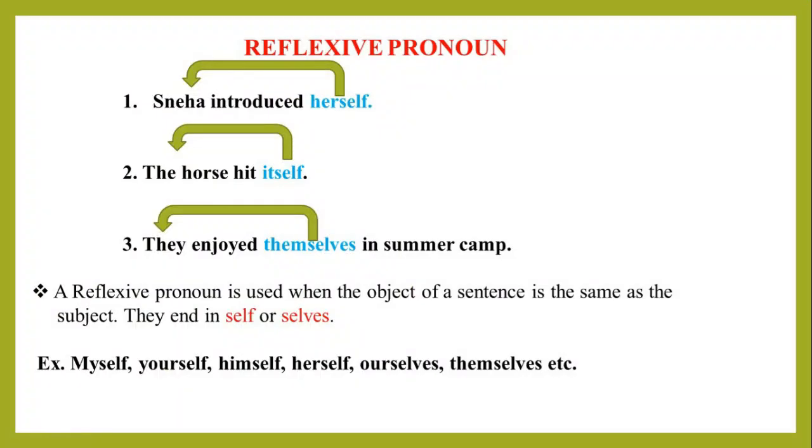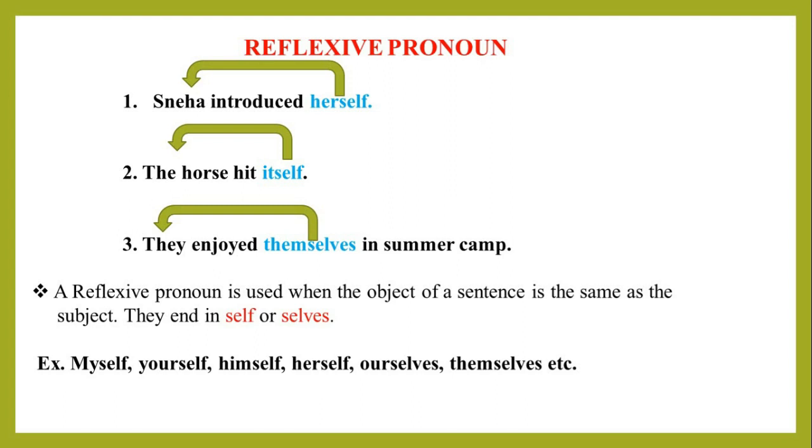Reflexive pronoun. Look at the words herself, itself and themselves. Here these words reflect to the words Sneha, the horse and they respectively. So students, the words which reflect to the subject are called reflexive pronouns.